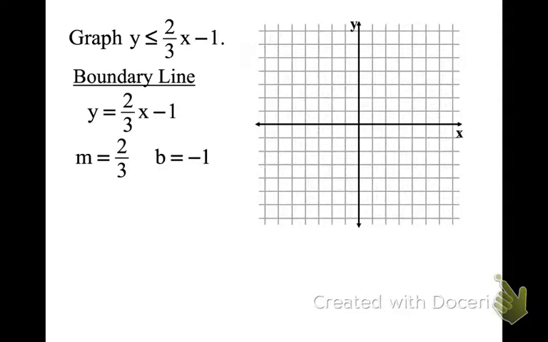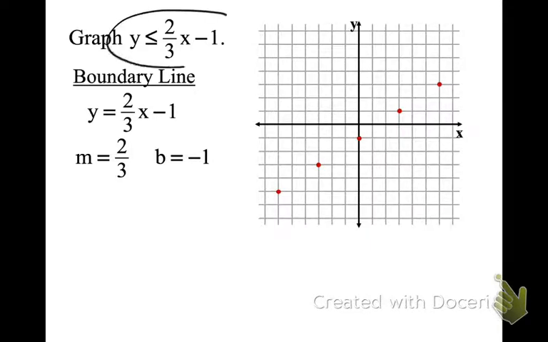So you start at -1 on the y-intercept. I'm starting at -1, and then I'm going to go up, rise 2 and run 3. Or you can rise -2 and run -3.